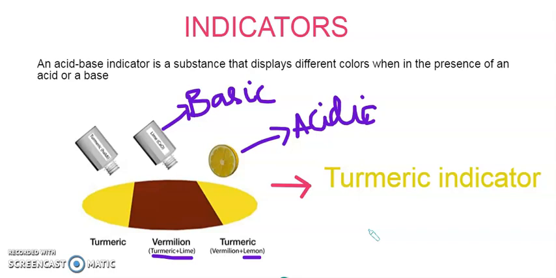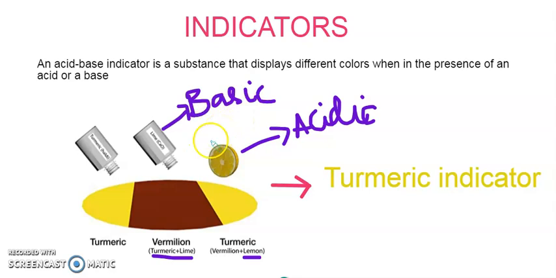That's why, whenever turmeric falls on your body and you rub some soap powder over it, it turns red or maroon, because turmeric changes its color to maroon when it comes in contact with a basic substance.